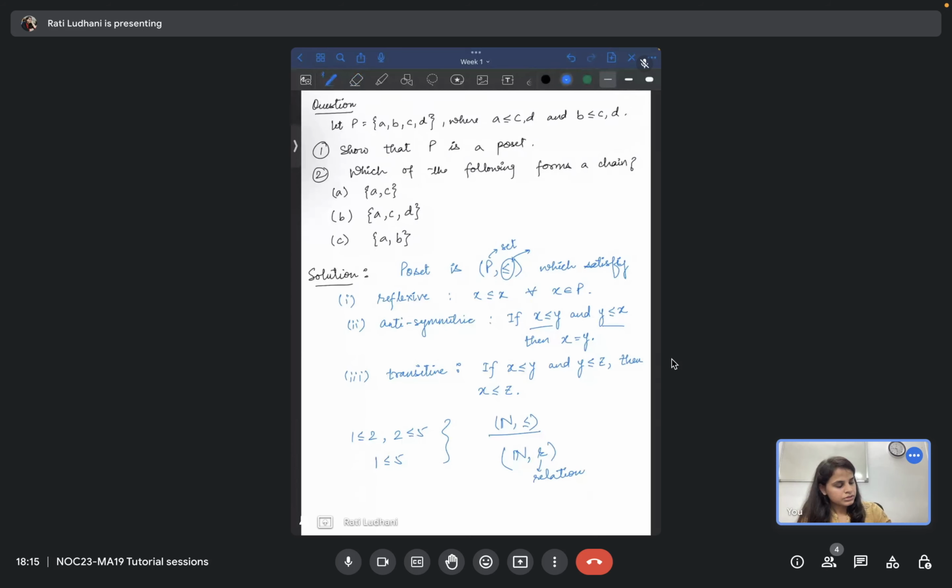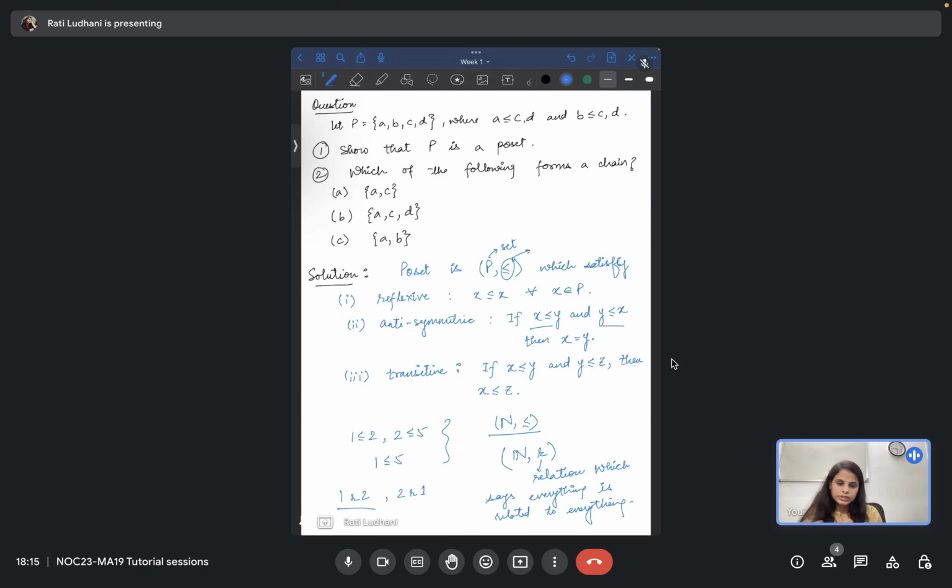Let R be a relation which says everything is related to everything. So here it means 1 is related to 2 and 2 is related to 1, like less than or equal to, if you are thinking in that term.